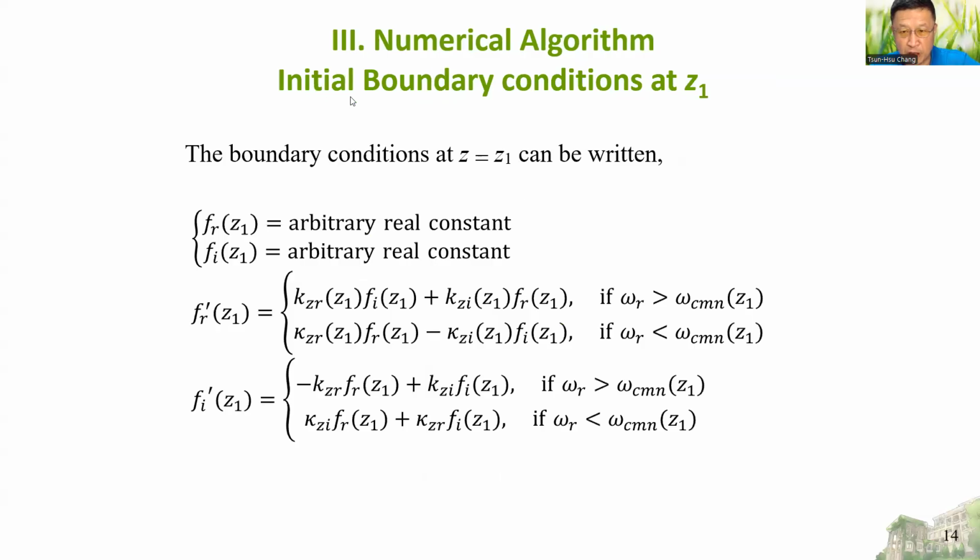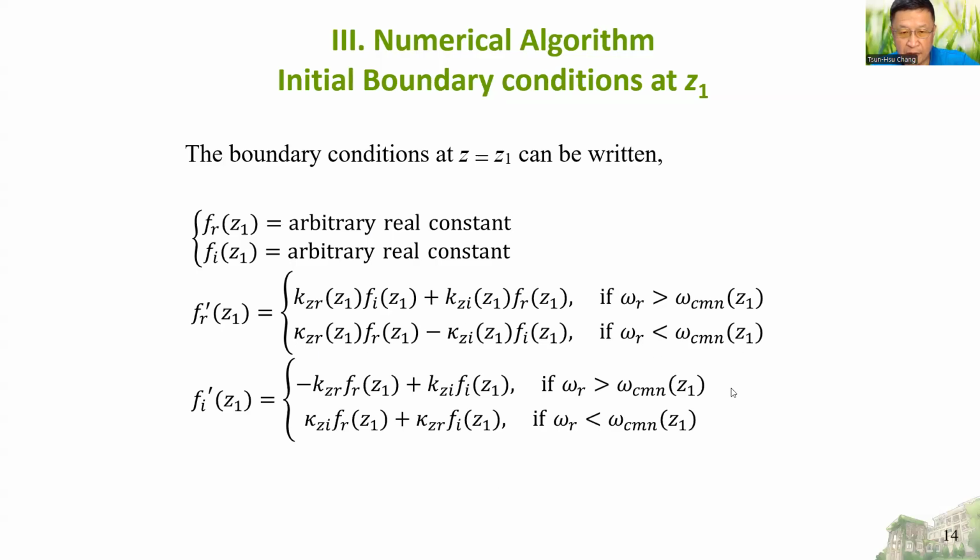More information on the numerical algorithm. Initially, we have the initial boundary condition at Z1. The boundary condition at Z1 can be written as a given f of z, with fr the real part and fi the imaginary part, each an arbitrary real constant. So at the left-hand side, the boundary condition can be written in this form for this case.